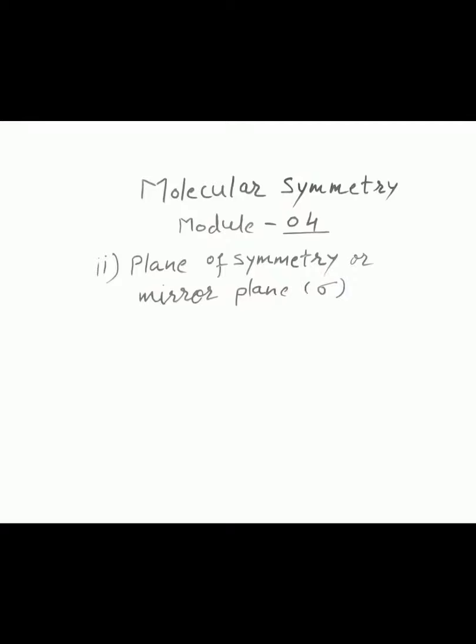First of all, let me remind you, we have seen the three basic parameters by which the 5 symmetry elements are designed. Among those three, one was the point, another was the line, and the third one was the plane.